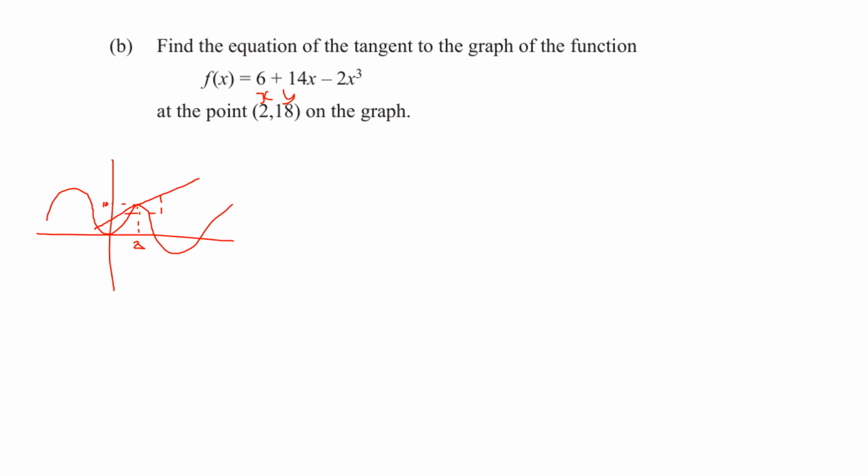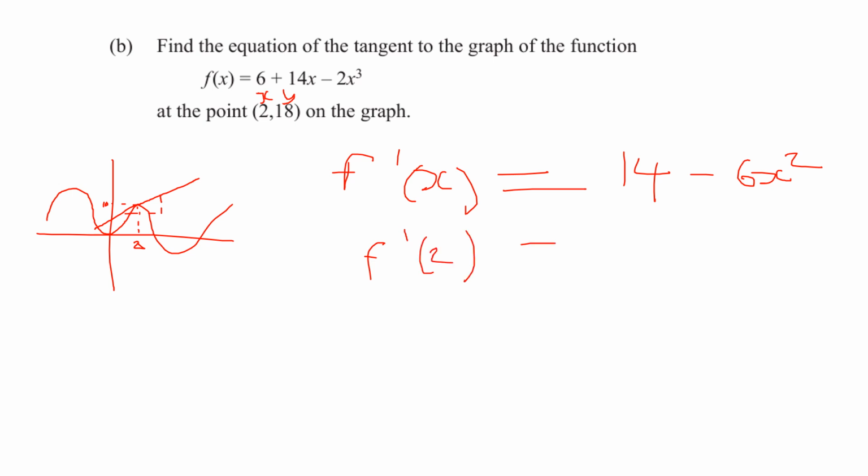So what do we have now? Okay, so we differentiate this. What we'll get for f'(x) is going to be equal to 14 minus 6x squared. And then we substitute to find f'(2).